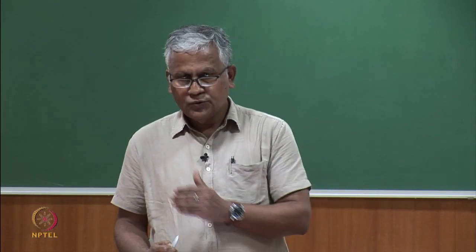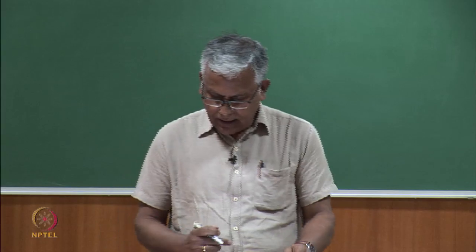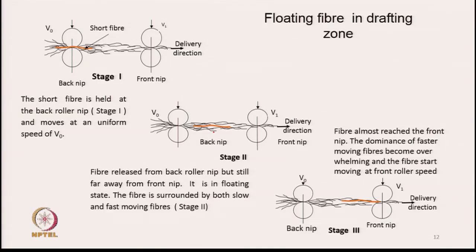But as it moves forward and goes closer and closer to the front roller nip, the fibers surrounding this floating fiber will be mostly moving at the front roller speed. So, the nature of fiber surrounding this short fiber or floating fiber keeps changing from the back to the front roller nip.